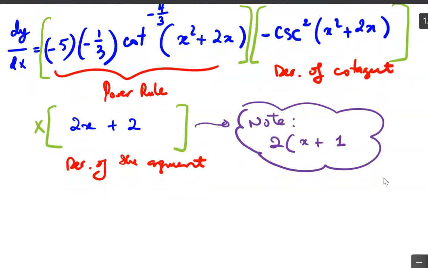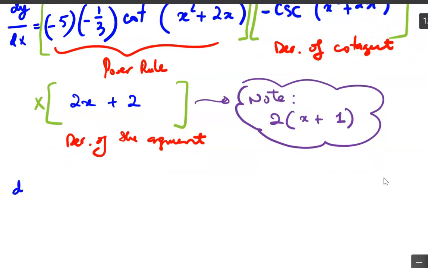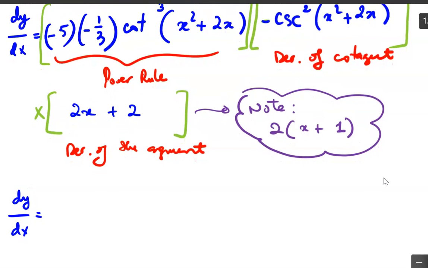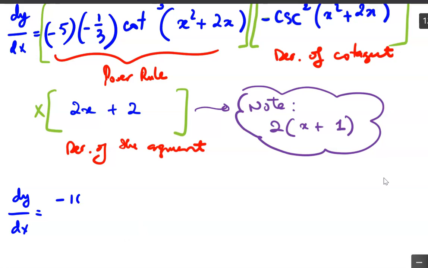Since I take out the 2, I will multiply 2 with the negative 5 and negative 1/3. So in the end, my simplified answer should look like this: negative 10 times x plus 1, and the 3 will go down to the denominator.